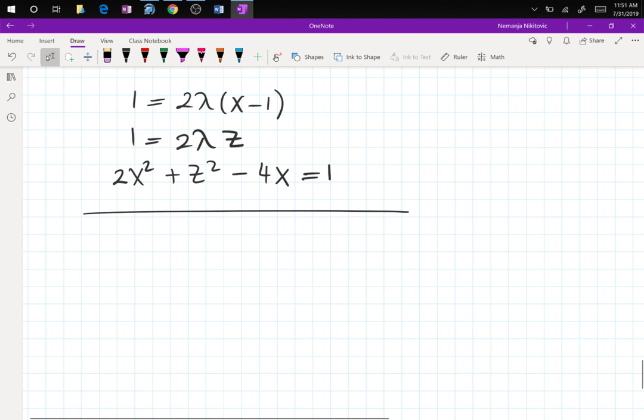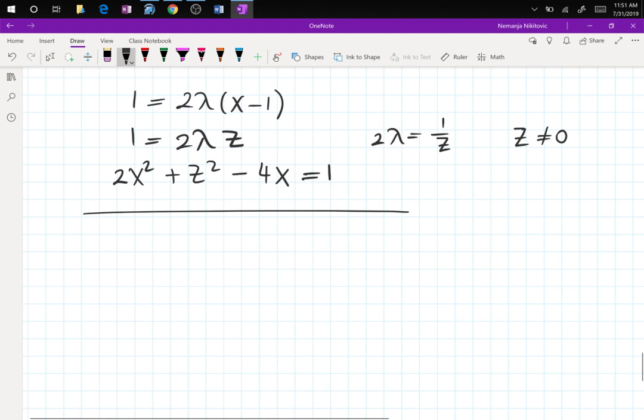Great. The next step for us is to eliminate lambda, because we don't really want it around. And remember what I have to do now? It's better to use 2 lambda because I can replace 2 lambda as a unit. So 2 lambda is equal to 1 over z. I divided by z, which means that z is not allowed to be 0. But z could be 0?